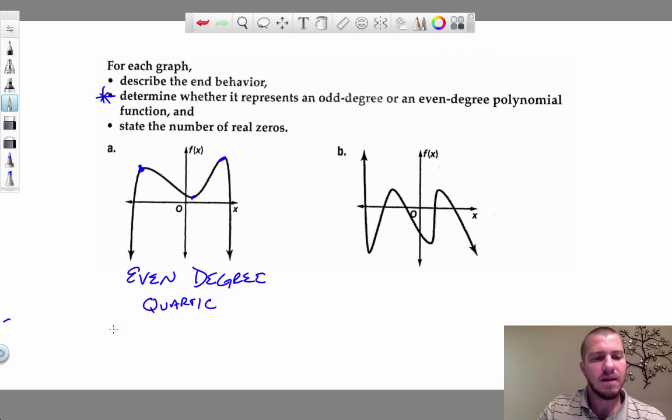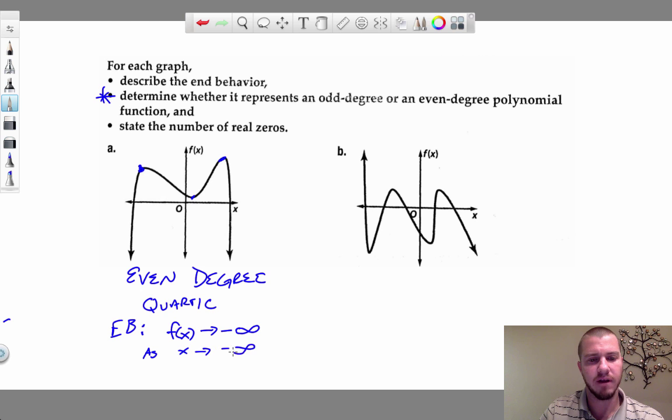Now to describe the end behavior, I'm always going to tell the left side first and then the right side. So f of x approaches, and because it's going down, negative infinity as x approaches negative infinity.